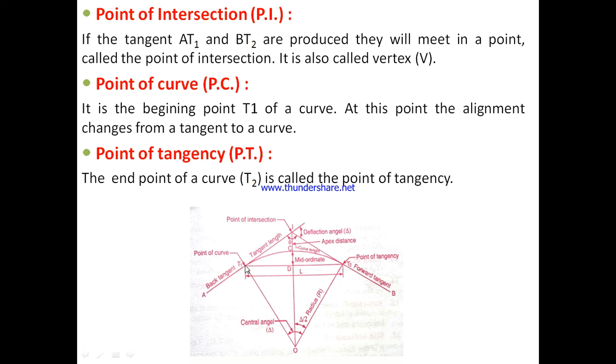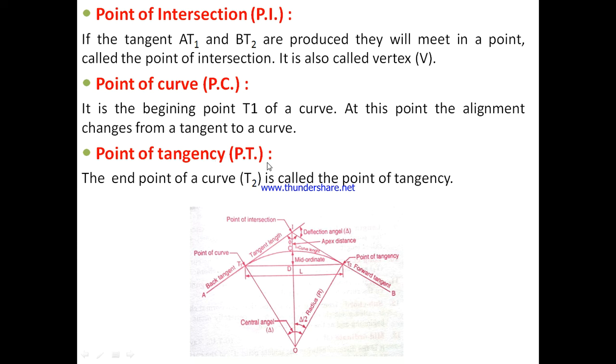From this point, that is from the point T1, the curve starts. Therefore it is called point of curve. At this point the alignment changes from a tangent to a curve. So till this point it is a tangent, a straight line, and from this point it changes from tangent to a curve.